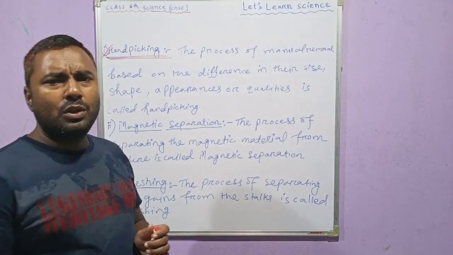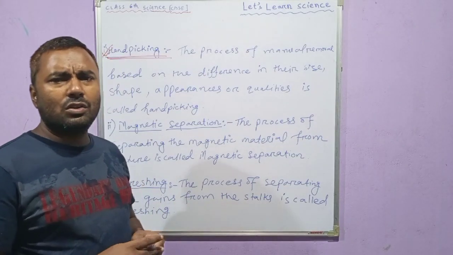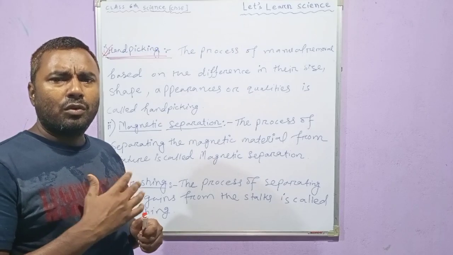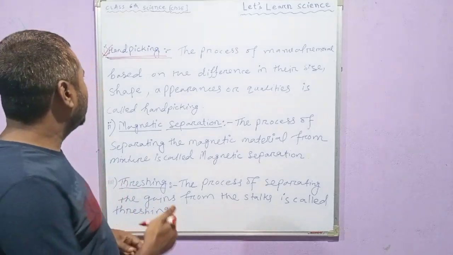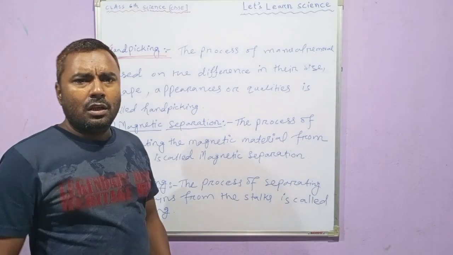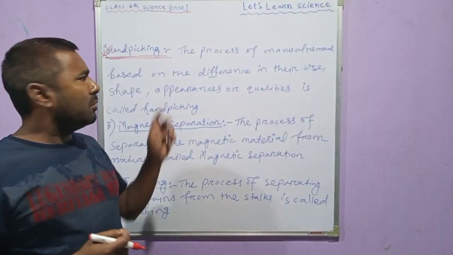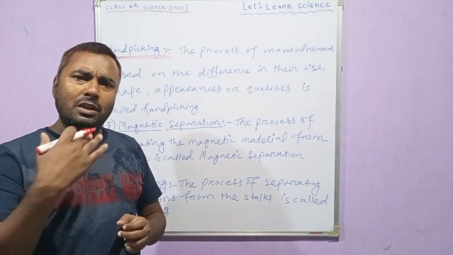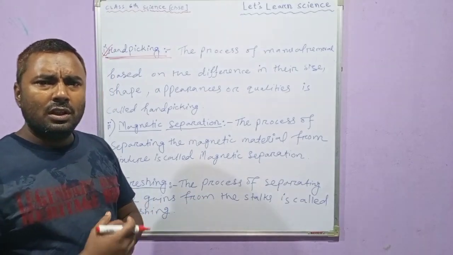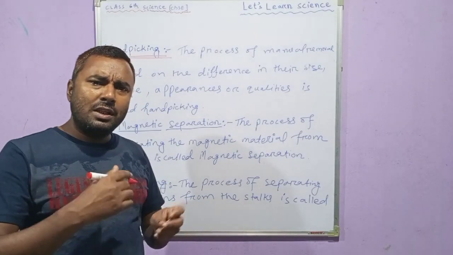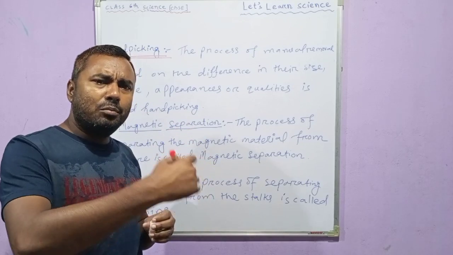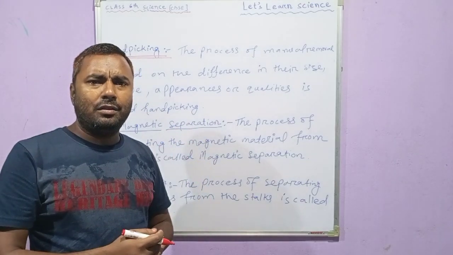So let us today see in detail the different methods that are used to separate the components from the mixture. The first one is hand picking. From the name of the method itself, you can guess that in this method the components of the mixture are separated by hand.